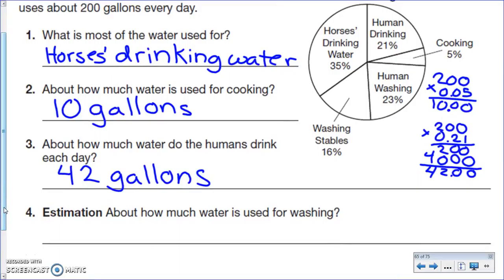Number 4 asks about how much water is used for washing. So we have human washing and stable washing. So the first thing we're going to need to do is add those together. So 23 plus 16 gets us 39. So we're going to take 200 and times it by 0.39.